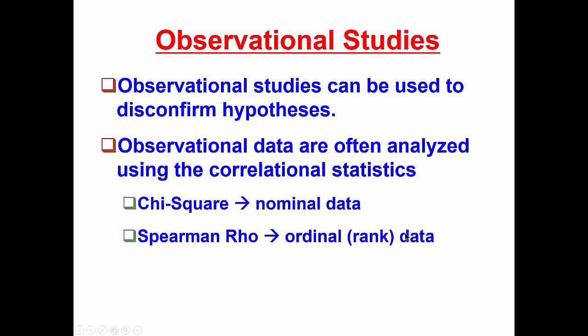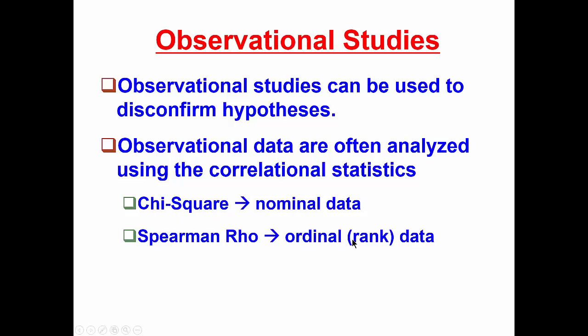So we have everybody lifting weights, we see how much they can lift, and we rank order them from the first right on down the line across the ranks. And we look for an association between the rank associated with weightlifting and the rank associated with sprinting. This would be a kind of observational study that would be appropriate for the Spearman rho.